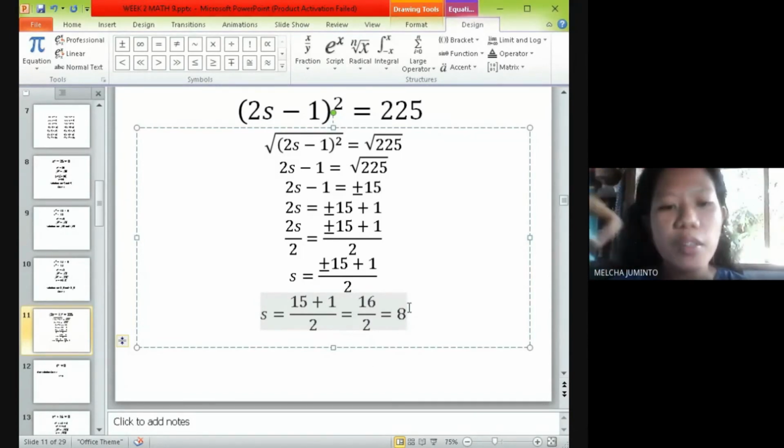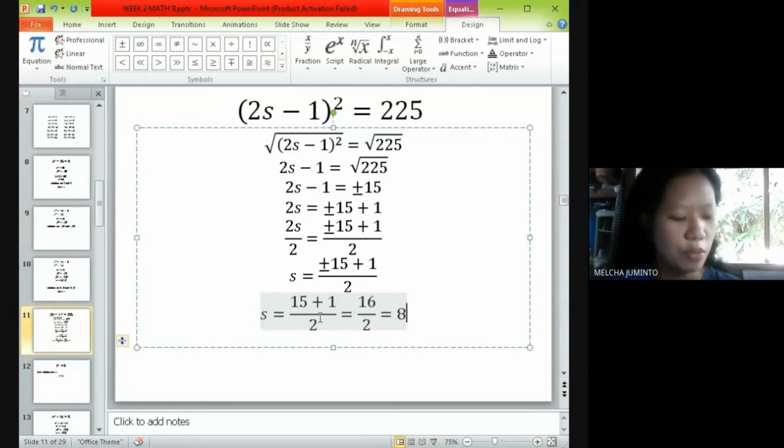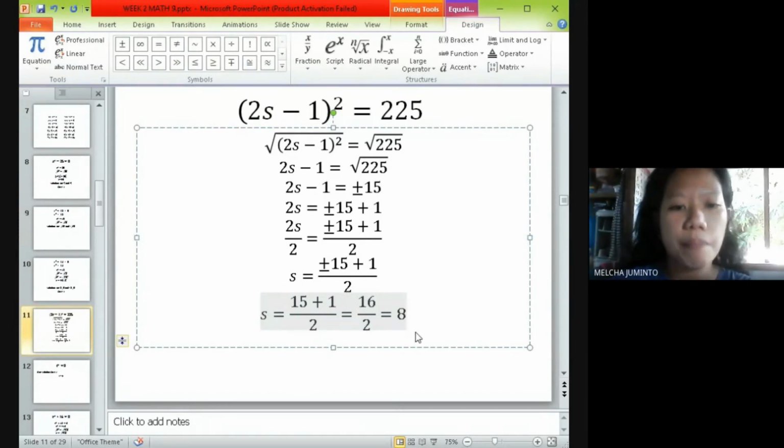Okay, so the first value of s is 8 because it is from 15 plus 1 divided by 2. 15 plus 1 is equal to 16 divided by 2 is equal to 8.